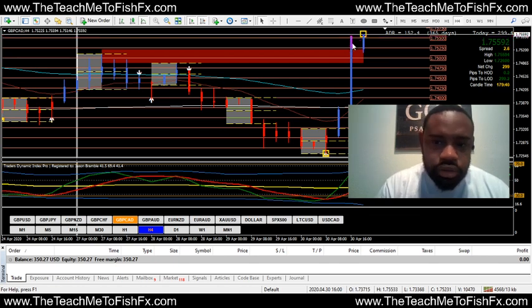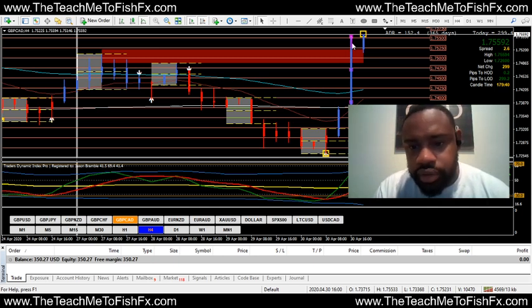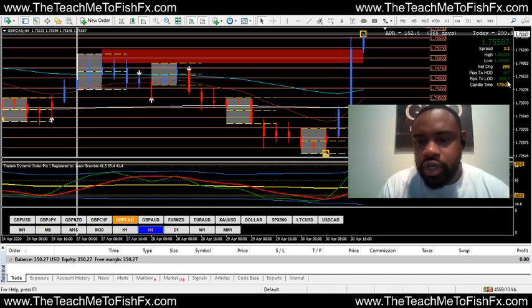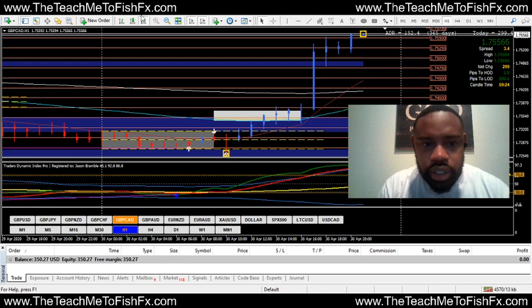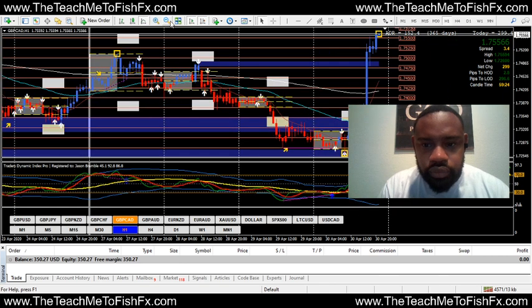Underrated, wish you well on this trade. I definitely think it will drop. Looks like it more than likely is probably gonna keep going up into this zone right here.